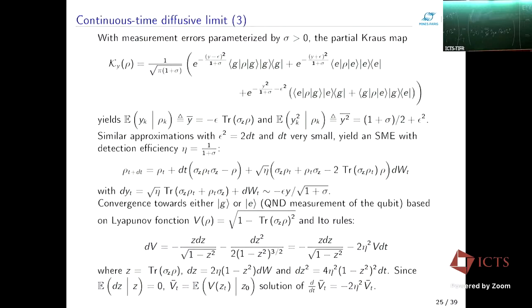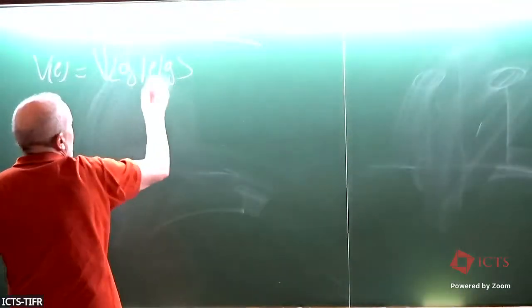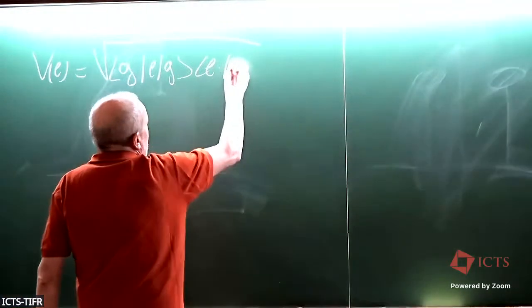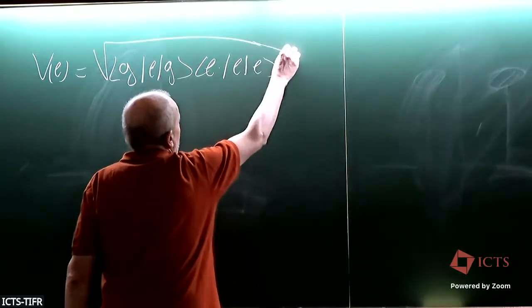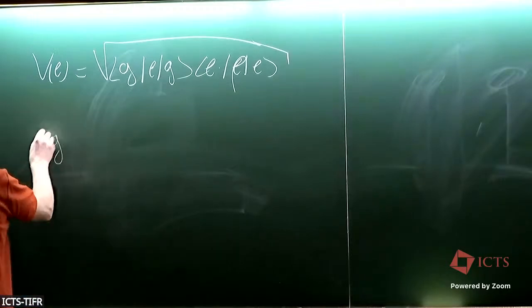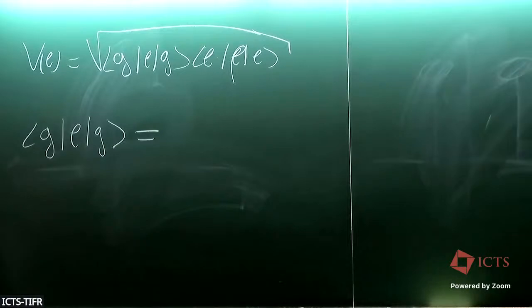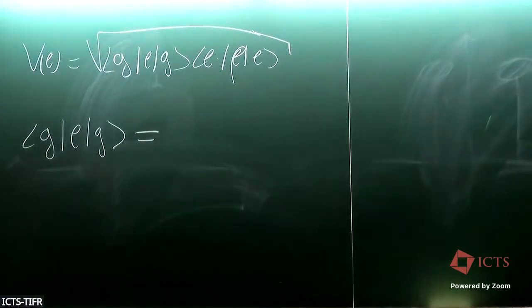And you can do more or less the same computation, but with Ito rules, to have an exponential convergence to 0. So you remember V of rho, what it was? It was the square root of G rho G times E rho E. You agree? What is G rho G with respect to these things?